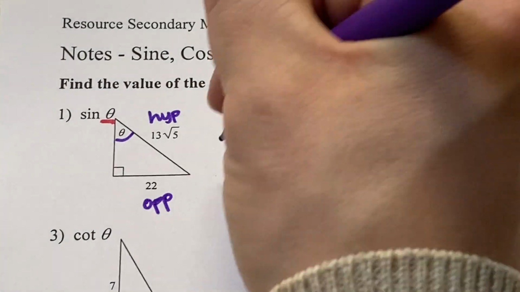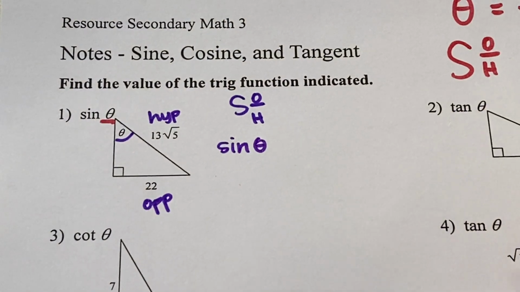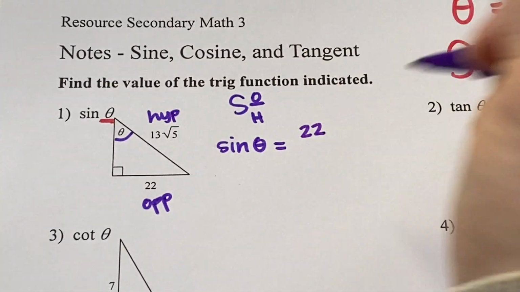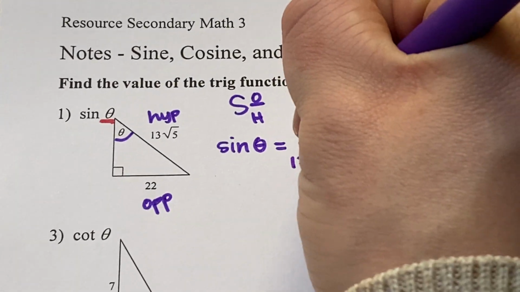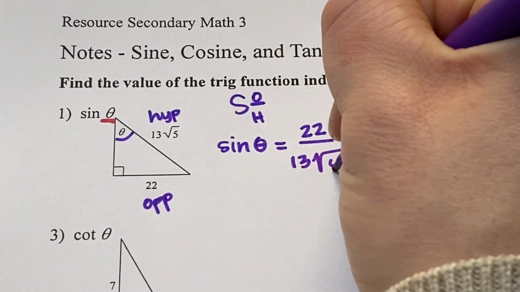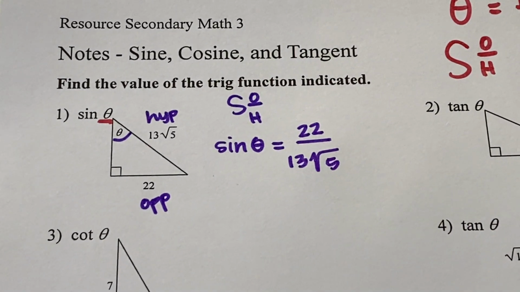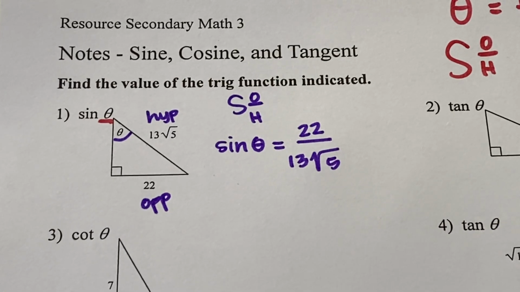So sine of theta, just like our last unit, equals opposite, 22, over hypotenuse, 13 root 5. So here's the thing that makes this complicated.